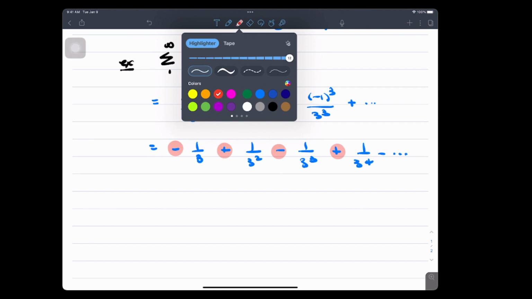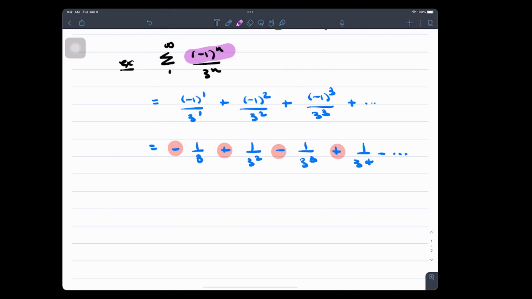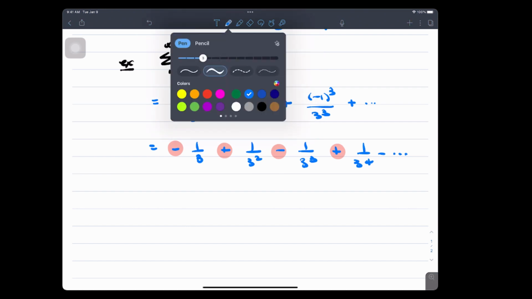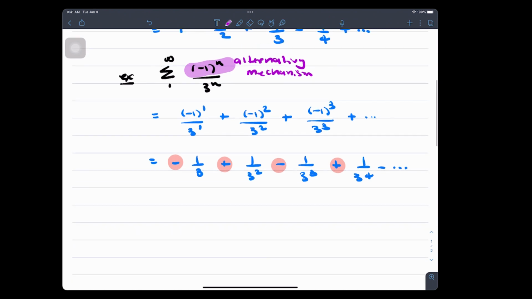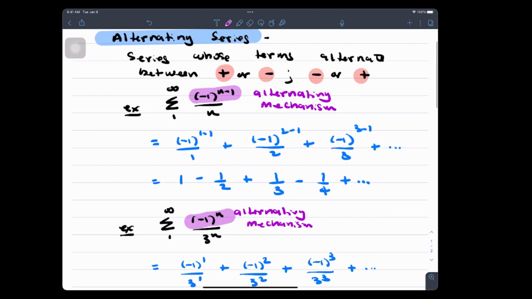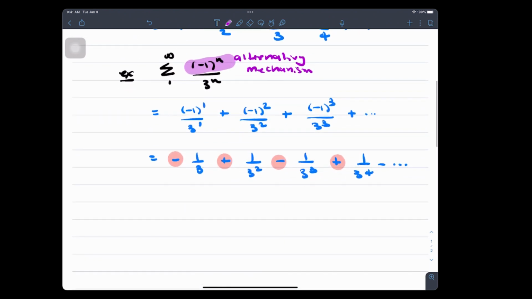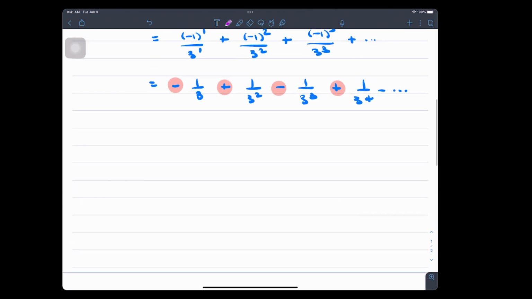And again, this here is the alternating mechanism. So I want to point out to you that you have these alternating series with an alternating mechanism built in, right?